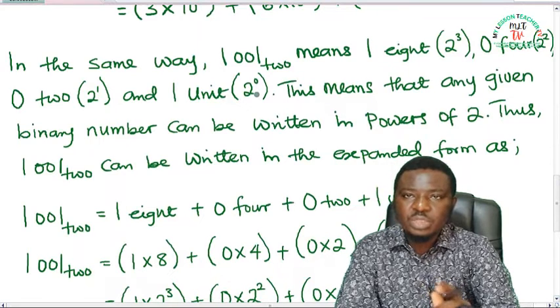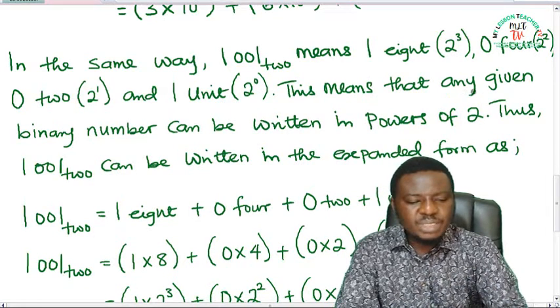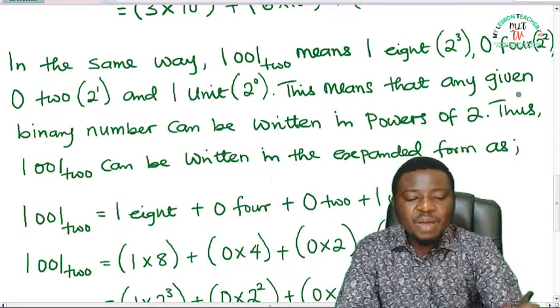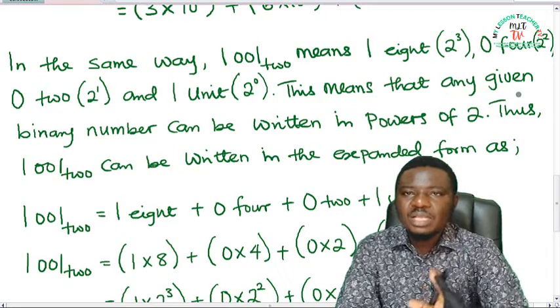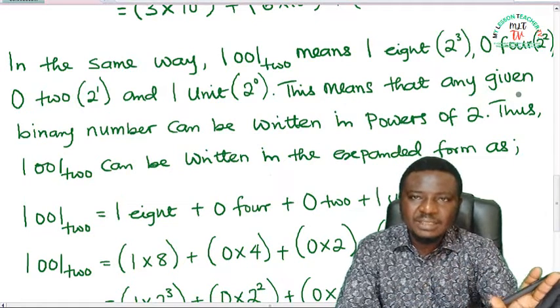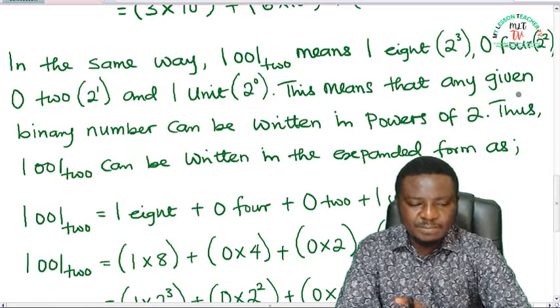Because remember, we were taught in JSS2 that anything raised to the power 0 is said to be 1. This means that any given binary number can be written in powers of 2 because we are dealing with binary. When we are dealing with the base 10 system, we write them in terms of 10. They are grouped in tens, and so on with other bases.